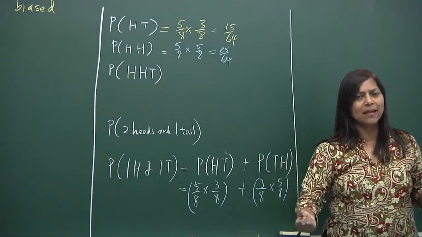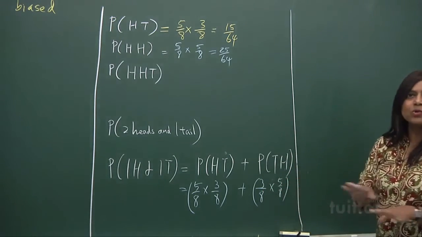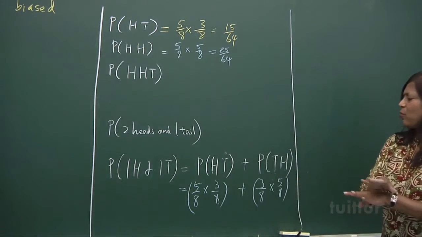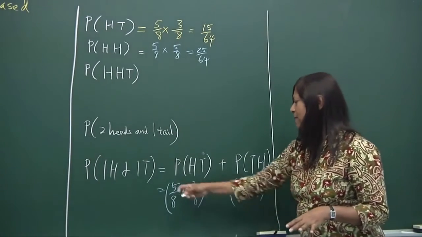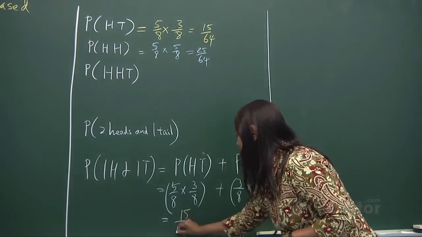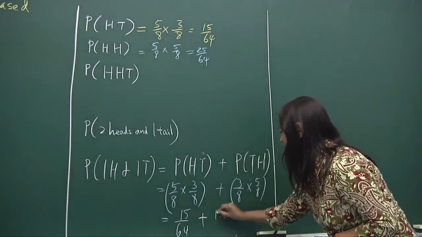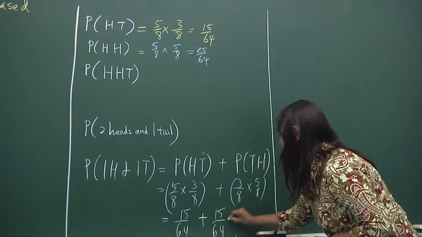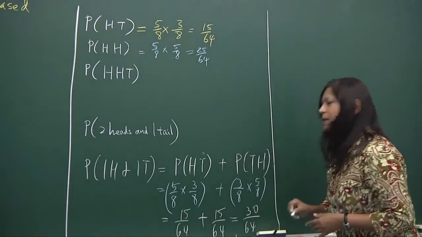Because you said, I want one head and one tail from my two outcomes. So whether it's a head tail or a tail head, that's what it meant. I don't want a head head, I don't want a tail tail. So if you add them up here, you get 15 out of 64. And here you get 15 out of 64. And that gives you 30 out of 64.